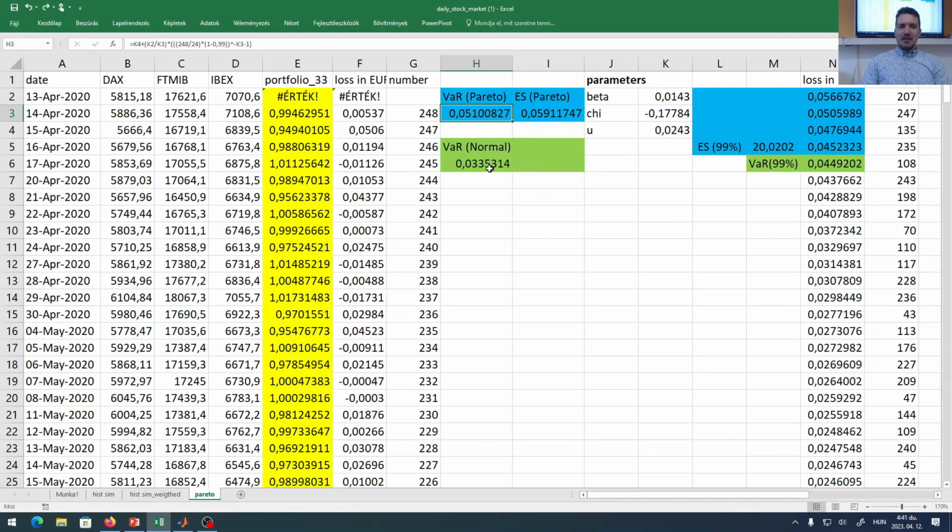Then we could see that this is the normal distribution VaR and this is the Pareto VaR. So we can have higher losses in this case. So that's why it's highly important.